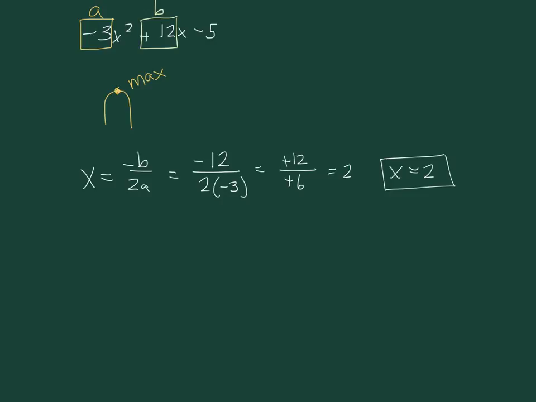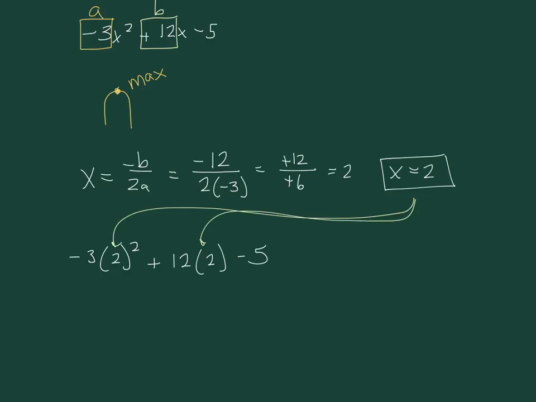Now, I'm going to take that x equals 2 and plug it back into the original equation. Just so that you can track that, x equals 2 is here and here, because those are the x values in the original equation. So negative 3 times 4 plus 12 times 2 is 24 minus 5.